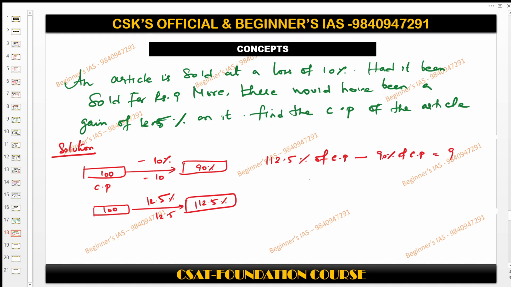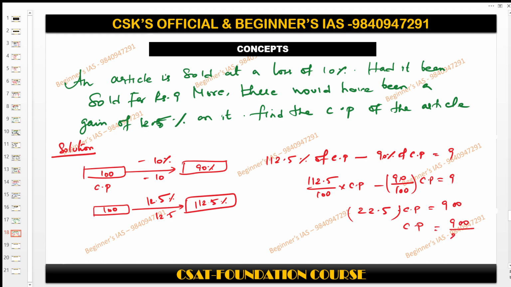Now 112.5 by 100 into CP minus 90 by 100 into CP is equal to 9. So now what is the numerator? 22.5 CP, which is equal to 900. Then CP is equal to 900 by 22.5.